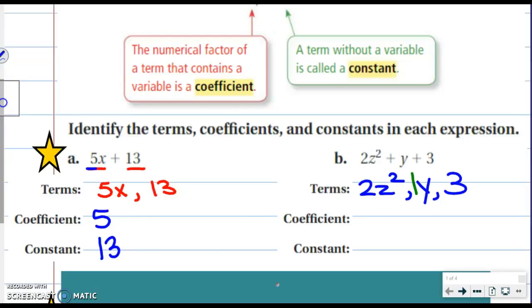My coefficients in this problem, and yes, I said coefficients plural, the first one is going to be 2, because that is a numerical factor that contains a variable, as well as 1. Because just because the variable looks like it's standing by itself, it's always being multiplied by 1 if there's no other coefficient. Then, last but not least, my constant is the number 3. So go ahead and include these two examples in your notebook if you don't have them already.